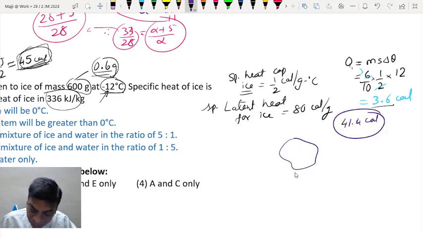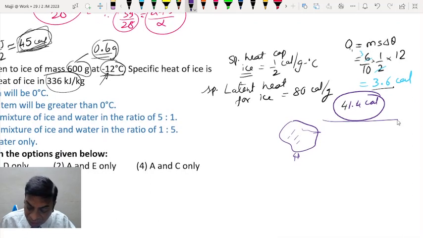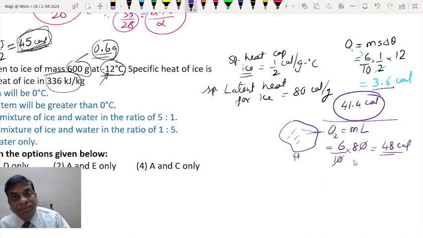Now what happens if heat is still supplied to the ice? It will start melting. Let us calculate the total amount of heat required for the complete ice to melt. The total amount of ice is 0.6 gram and heat required is 80 calories per gram, so around 48 calories of heat will be required.